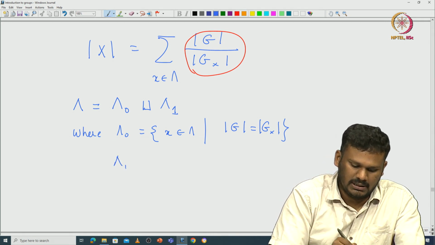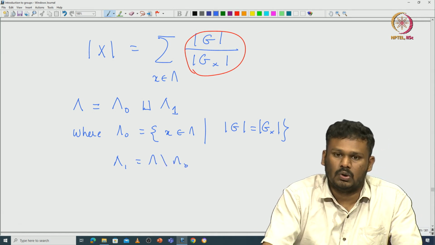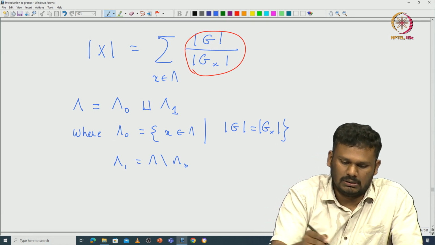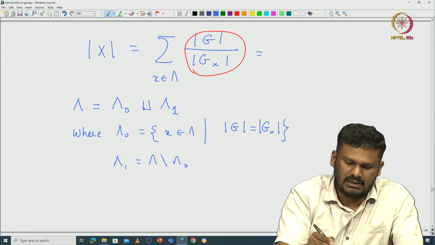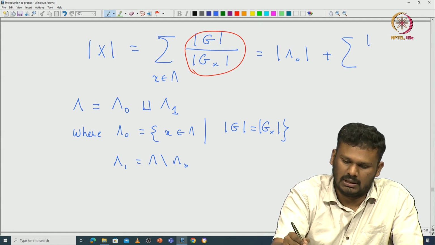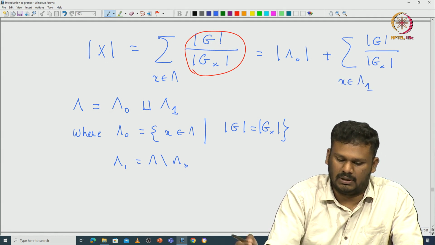Capital Lambda 1 is the complement of capital Lambda naught, for which the quotient is strictly greater than 1. So, this sum can be written as the cardinality of capital Lambda naught plus the summation of the cardinality of G divided by the cardinality of G_x, where x comes from capital Lambda 1.